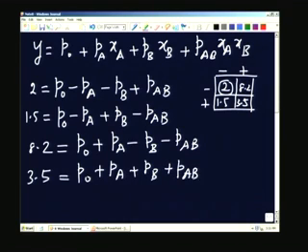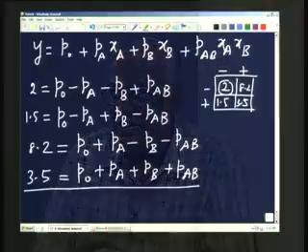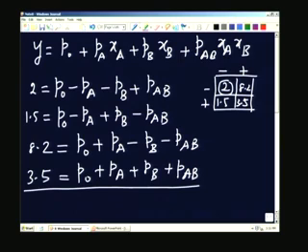So, these are the 4 equations available to me to determine the 4 coefficients. And what are these coefficients? These are nothing but the coefficients which represent the effect of each one of the parameters. The larger the coefficient value, the larger the influence of the particular factor.